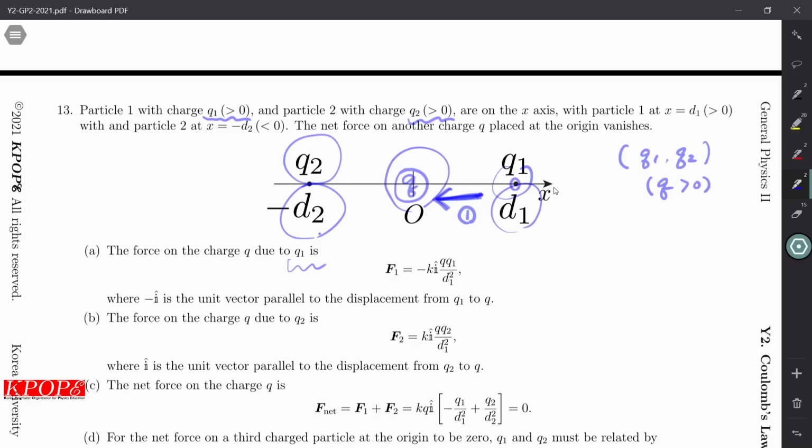It's not definite, but just temporary. And the force applied on Q due to Q2 must be along this direction if both of them are positive.